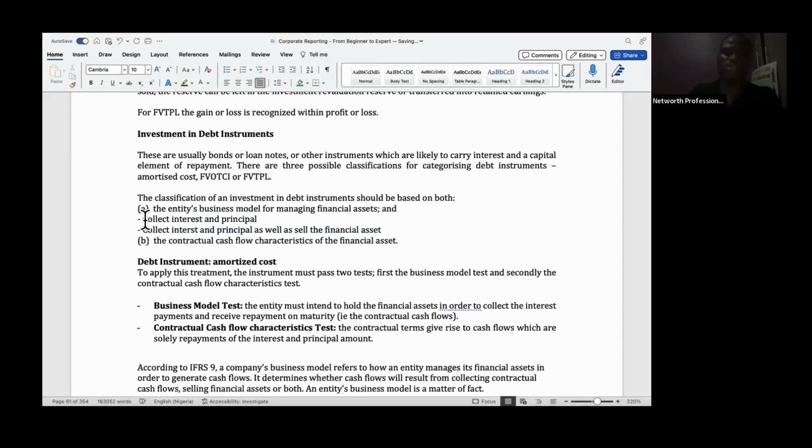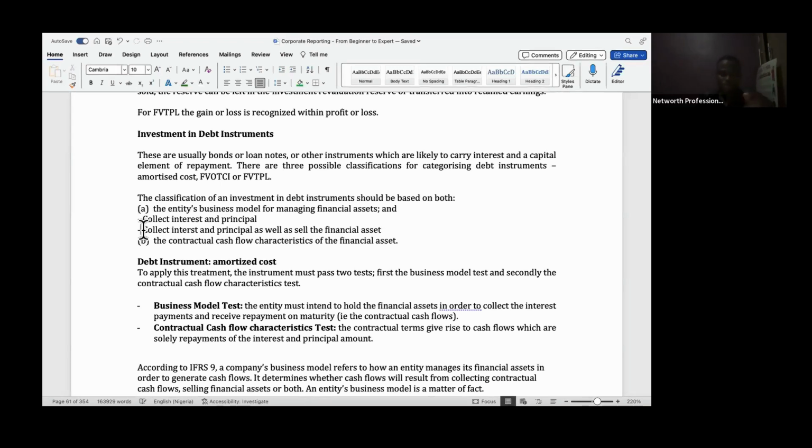Number one, just to collect interest and principal alone, meaning you will not sell. Whatever happens, you will not sell. You don't have the intention of selling, meaning you want to hold it to maturity. Fine. The second one is you will collect interest and principal, because when you lend people money, you always collect interest. It is always a feature of lending people money, because that's the only income or profit you can make.